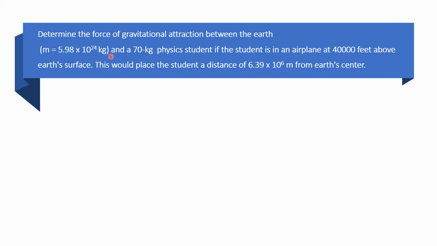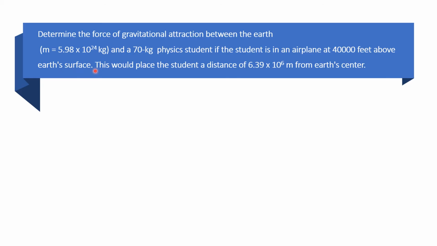So, yun nga yung base sa dati nating lesson, no, to make the number shorter, a very large number is shortened, naka-scientific notation siya. So, raised to 24. And another given is the mass of the student, a physics student. No, napakabigat ng physics student natin. That is equivalent to 70 kilograms. Okay, if yung student natin is in an airplane, and that airplane is 40,000 feet above the Earth's surface.